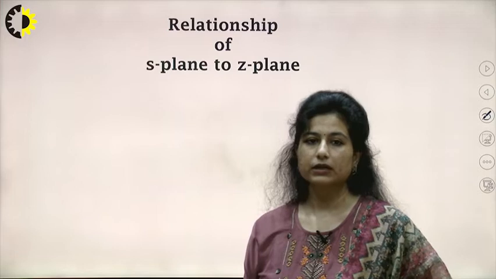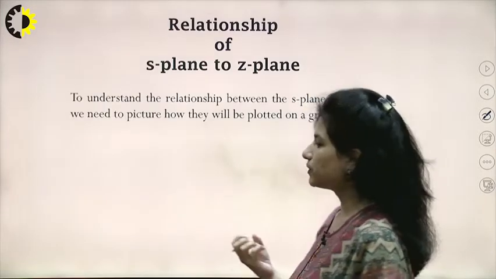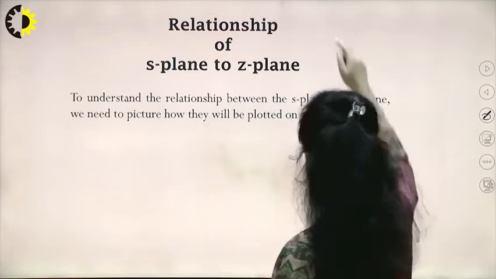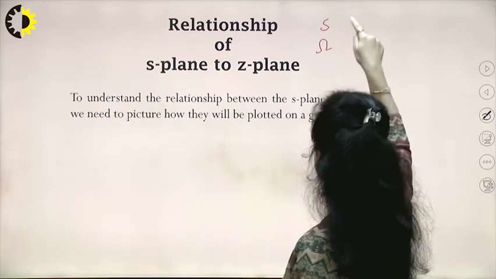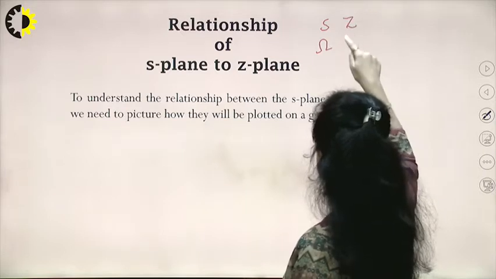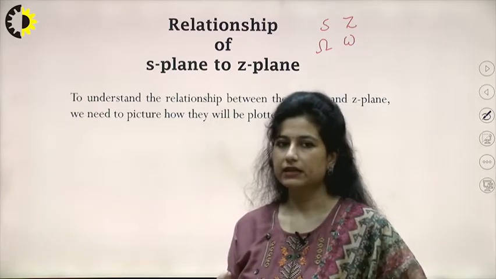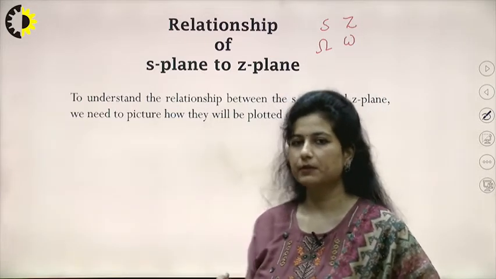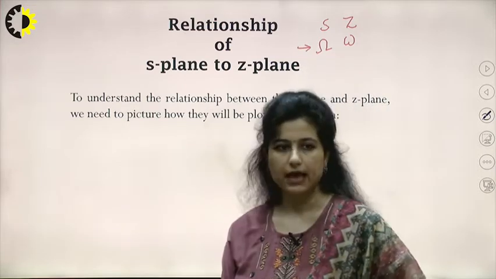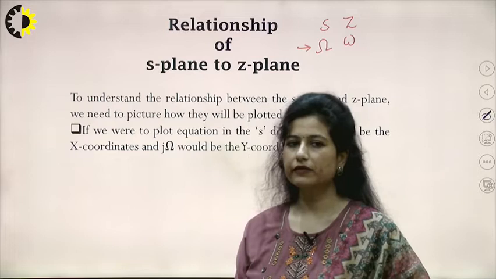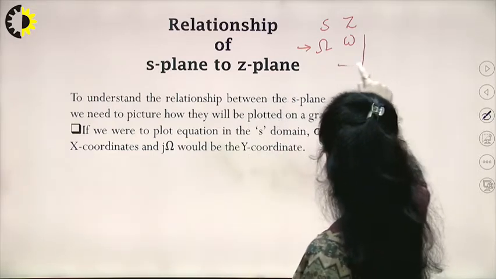Now we'll be going into the depth of this relationship and try to create some relationship between two frequencies as well. So if I talk about my s plane, the symbol I use to represent the frequency is capital omega, and this is my digital omega frequency. So as I'm finding the relationship between s plane and z plane, I need to find the relationship between these two frequencies as well. So how do we find the relationship? First, I need to see the graphical representation of the two domains.